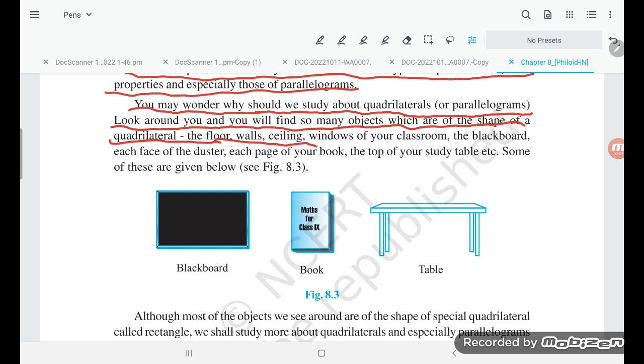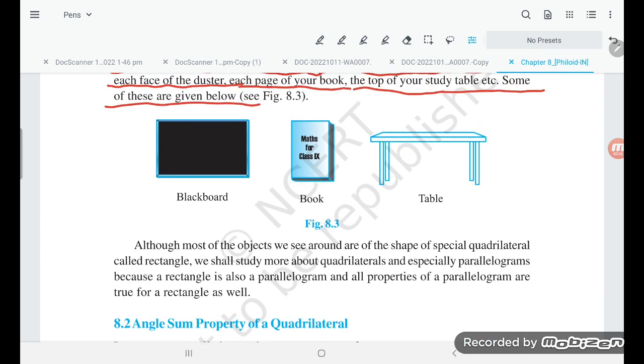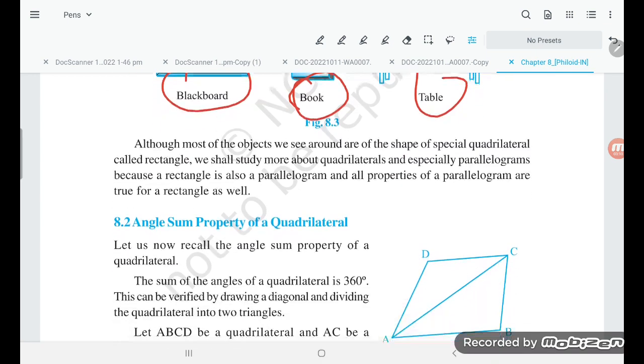The four walls, the ceiling, windows of your classroom, the blackboard, each face of the duster, each page of your books, the top of your study table, etc. Some of these are given below. Okay, so blackboard, books and table, they are quadrilaterals.